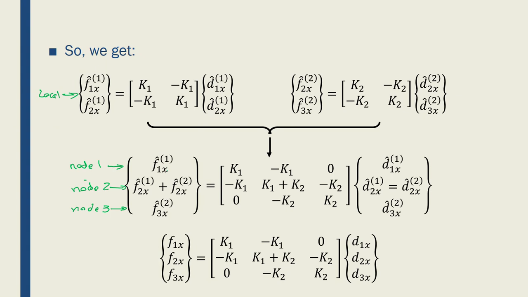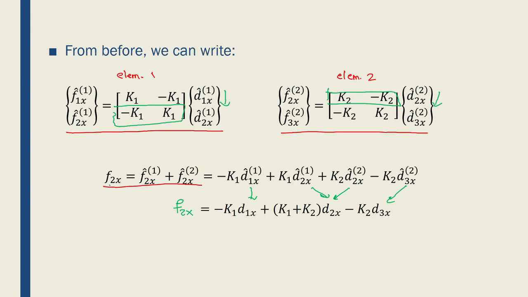So for node 1, I only have F1x1. But for node 2, I had F2x1 and F2x2, so I add them together. And for node 3, I only have F3x2. So I write this 3-element vector for the forces of the nodes. And if I remember from the previous slide, this row was equal to F2x, and this one was the relationship between that F2x and the nodal displacements.